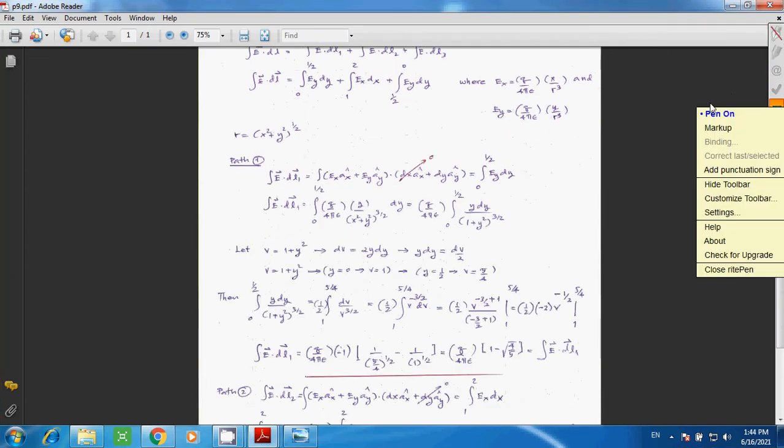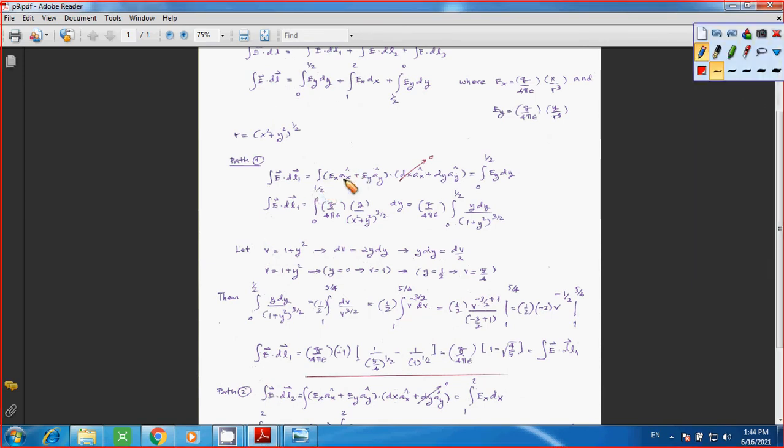Let's take a look at path number 1. When your dx equal to 0, dx doesn't change, only y change from 0 to 1 over 2. So you have this term dy, and you pick up your Ey, put in integration, and you end up with this term.